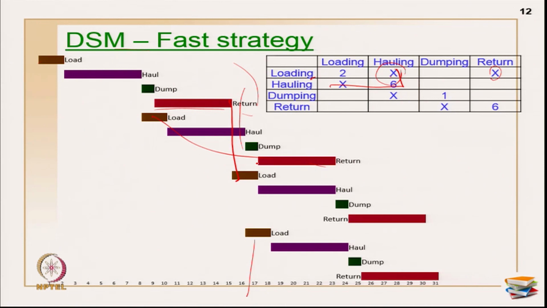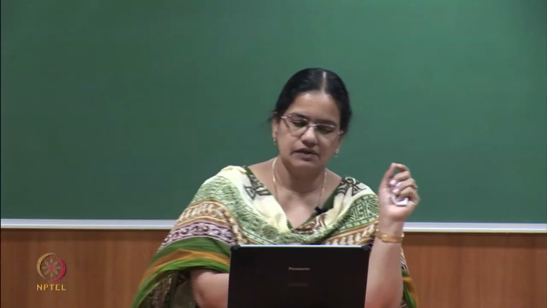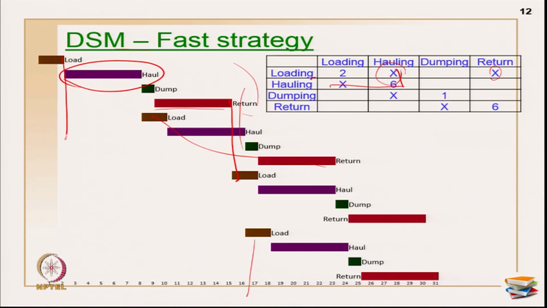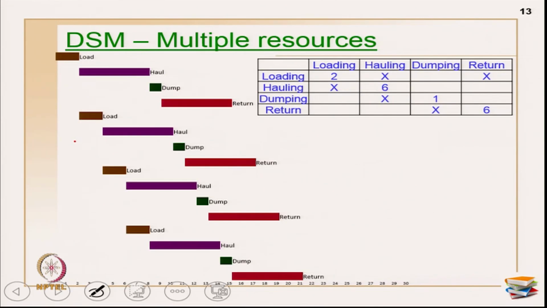In a real world situation, as soon as the first dump truck is loaded up and sent, we do not wait for the hauling itself to take place. We start loading as soon as the first loading is done, which is something like this. If you want to work like this, use the same fast track strategy and add controls on the statement, so that the activities keep repeating every now and then.